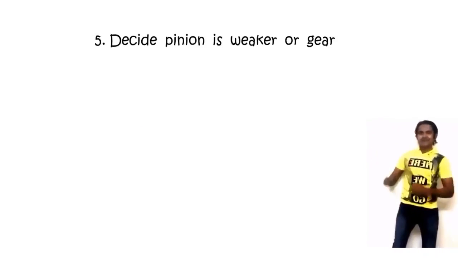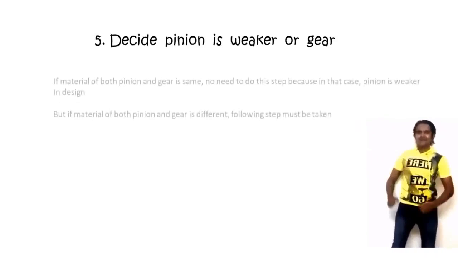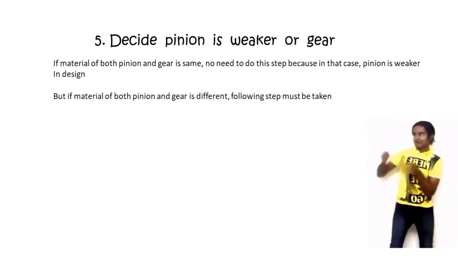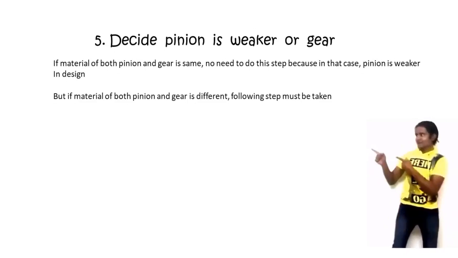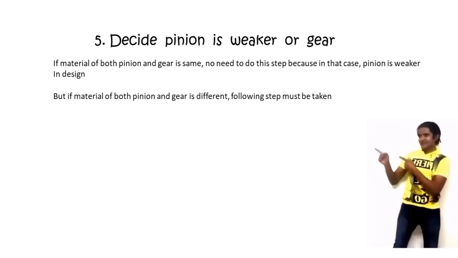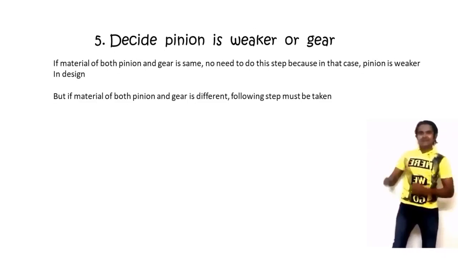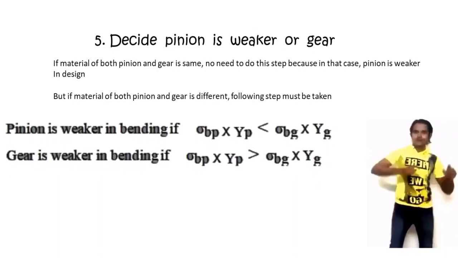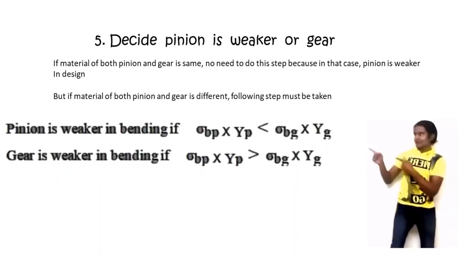Fifth step, you have to decide whether the pinion is weaker or the gear. If the material of both pinion and gear is same, then you don't need this step, because in that case, always the pinion is weaker in design. But if the material of pinion and gear is different, then you will have to compare sigma BP into YP and sigma BG into YG.